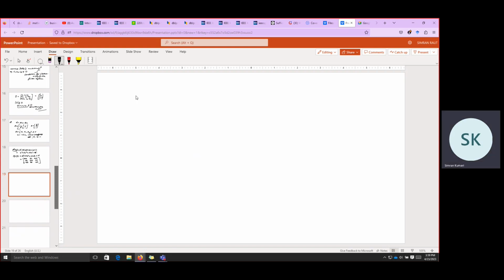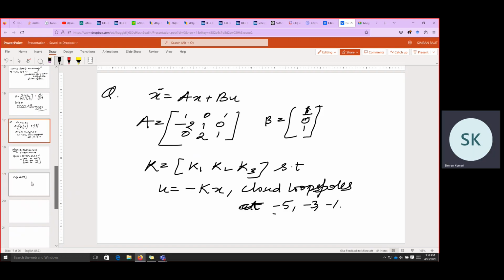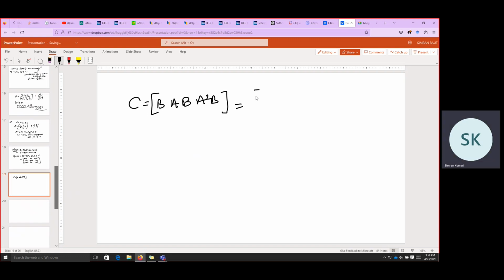After that, what we have to do? We have to find this controllability matrix. So we have B, AB, and A square B, because we know this value of A and B. So this controllability matrix we can find out.